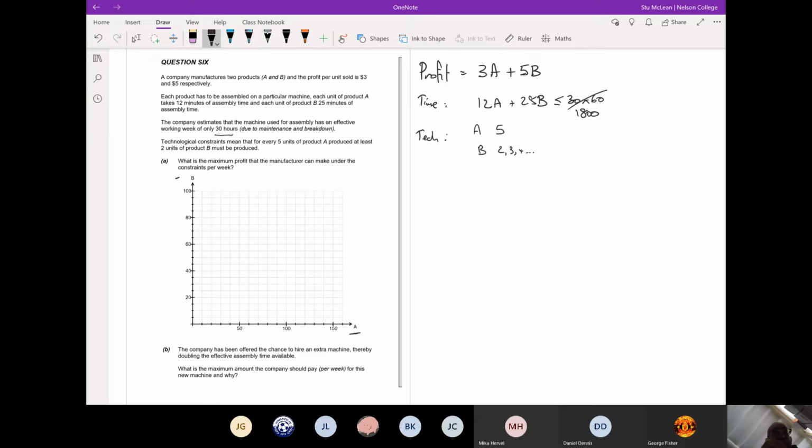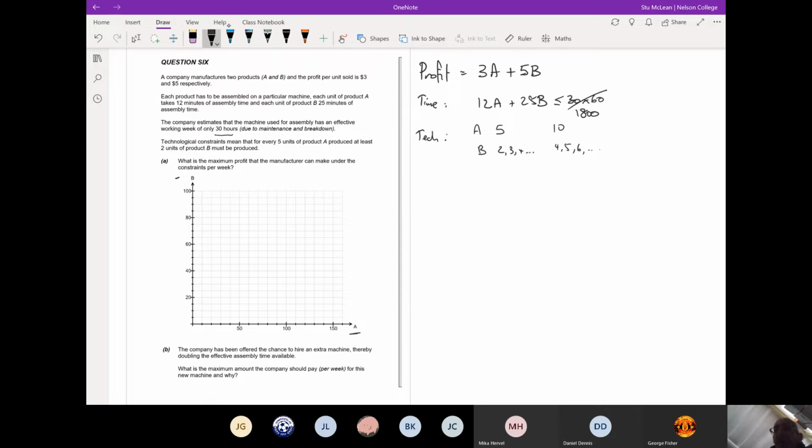Is that right? And if A is 10, B is 4, 5, 6, and so on. For every 5 units produced, at least 2 units of product B must be produced.